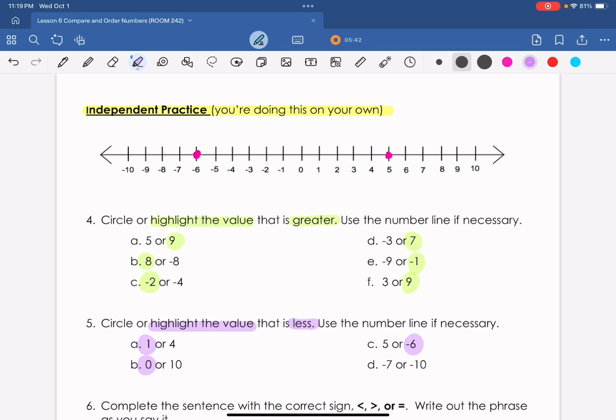All right, last one. We have -7, which is 7 units to the left, and -10, which is 10 units to the left. So, if I was to use a visual, to get to -7, I moved that much. But to get to -10, I moved that much. So which line is longer? The line that gets to -10, right? So that lets me know -10 is further to the left. It is less than.